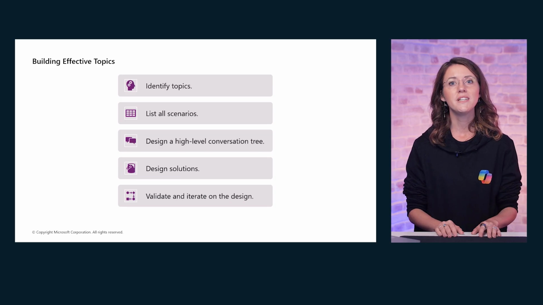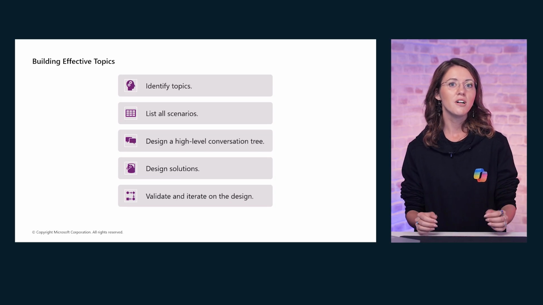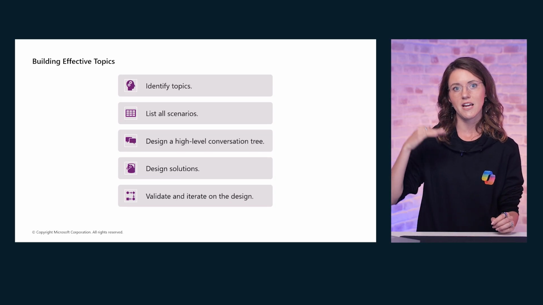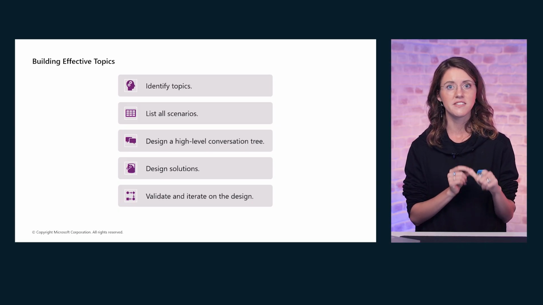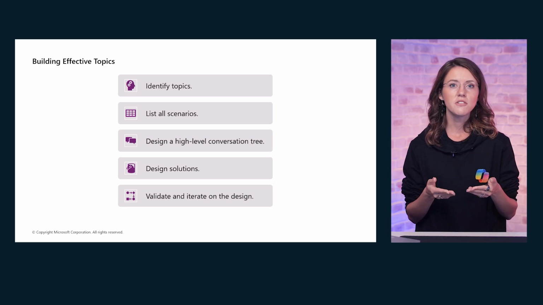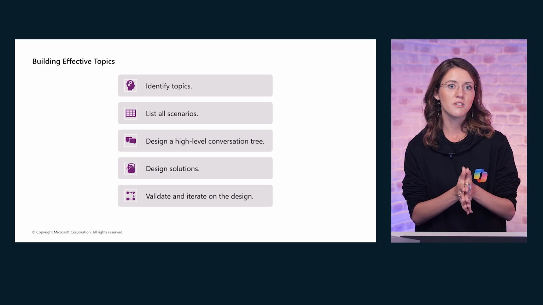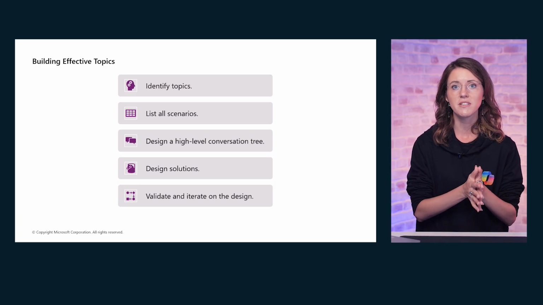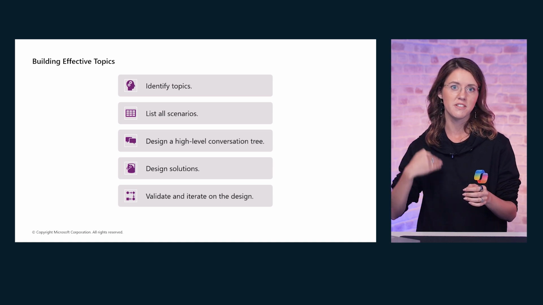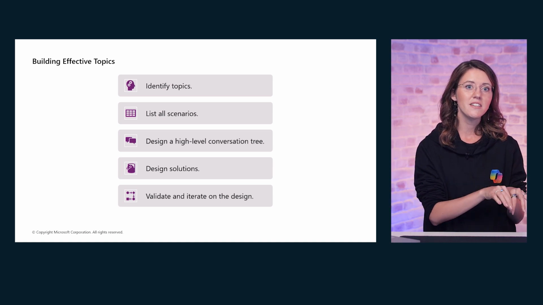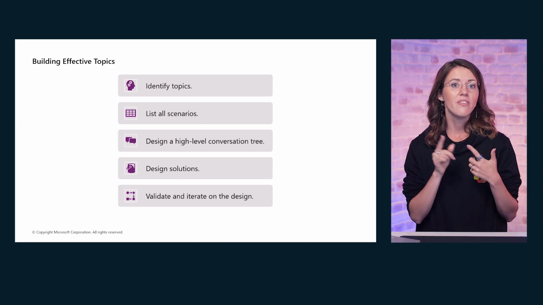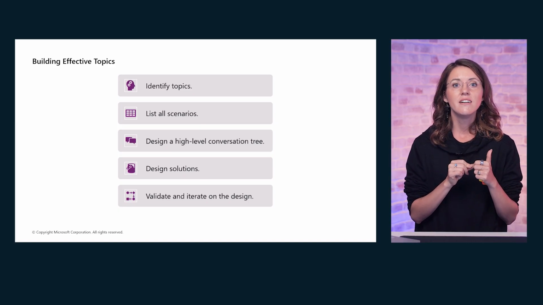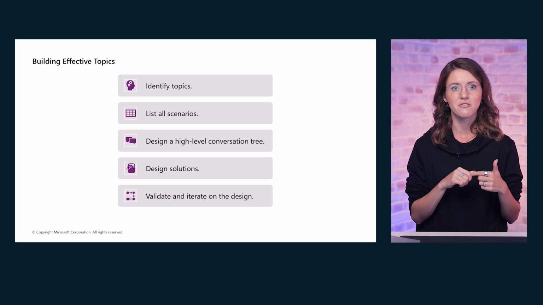Setting the stage for building effective topics involves several key steps. First, identify topics and list scenarios. It's crucial to understand the importance of identifying relevant topics and listing possible scenarios. This helps in tailoring the conversation to meet customer needs effectively. Next, design a high-level conversation tree.